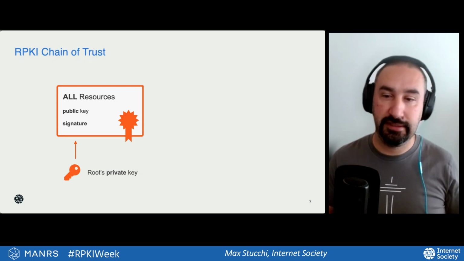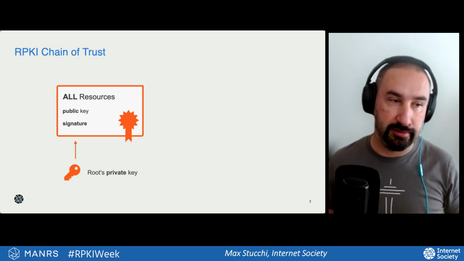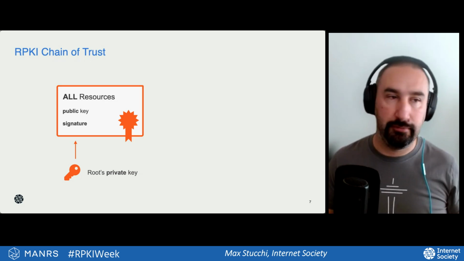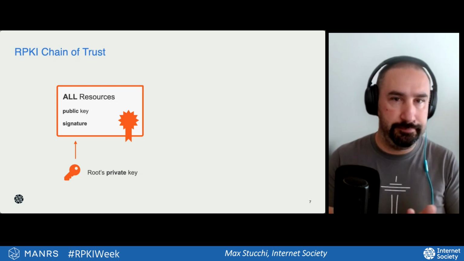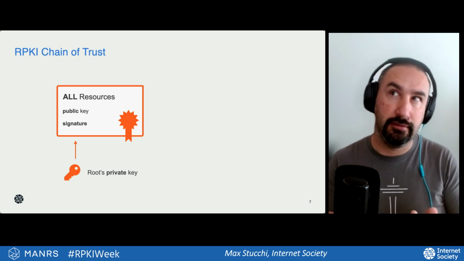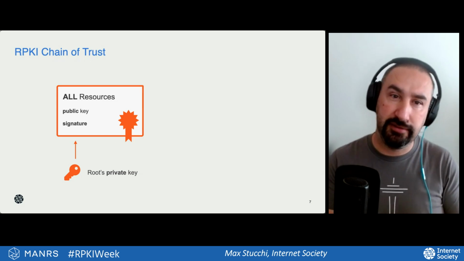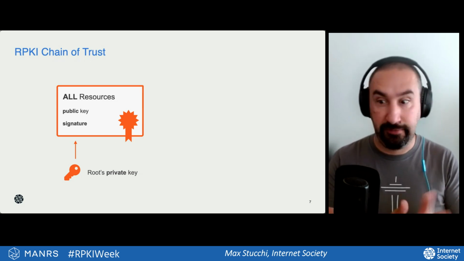But then, given there's the chance to transfer addresses from one region to the other, you can do it from APNIC to RIPE, from RIPE to ARIN, APNIC to ARIN. I haven't kept track if that's already possible in LACNIC, but I know it is not possible yet in AFRINIC, or correct me if I'm wrong.